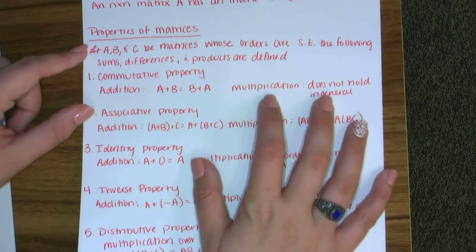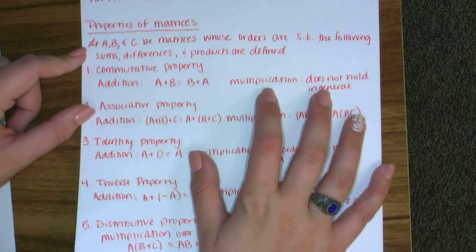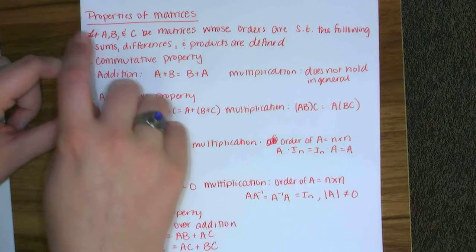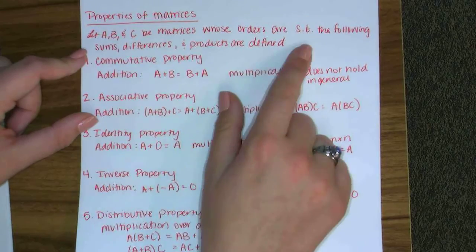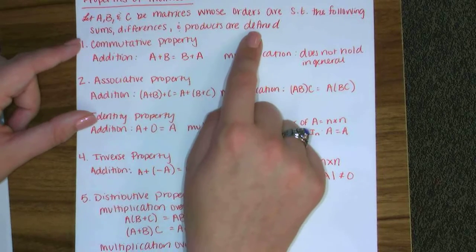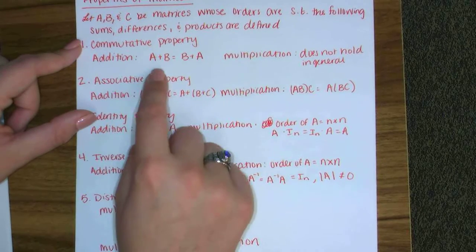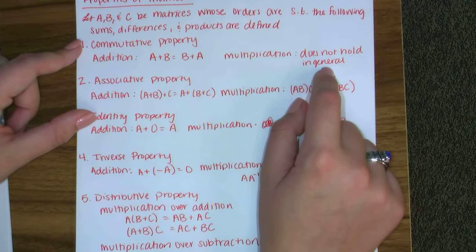Alright. Properties of matrices. These are just like normal properties of algebra. So we have matrix A, matrix B, and matrix C, and their orders are such that the sums, differences, and products are as defined. Commutative property for addition: A plus B is equal to B plus A. Multiplication does not hold in general, because we would have to have the correct order.